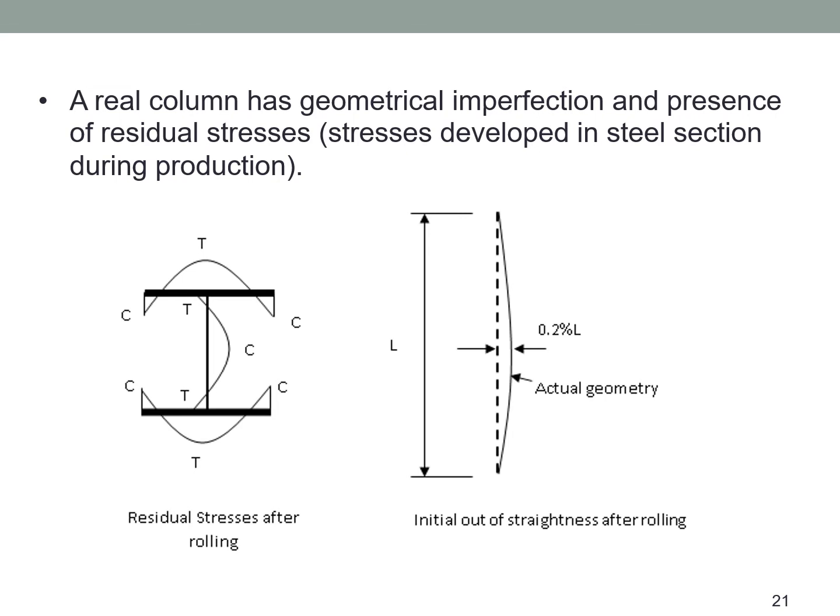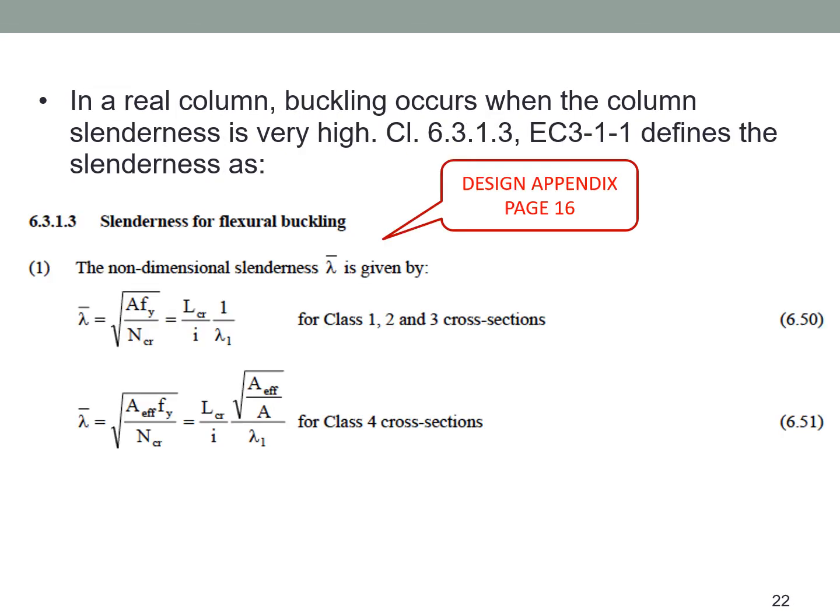A real column has geometrical imperfection and the presence of residual stresses, which are stresses that develop in the steel section during production. So the steel section has a small imperfection. In a real column, buckling occurs when the column slenderness is very high.